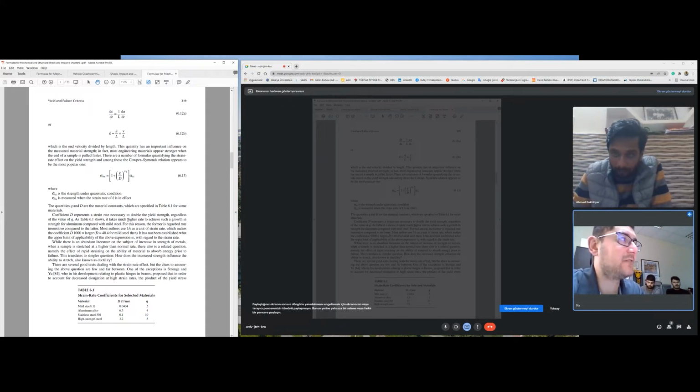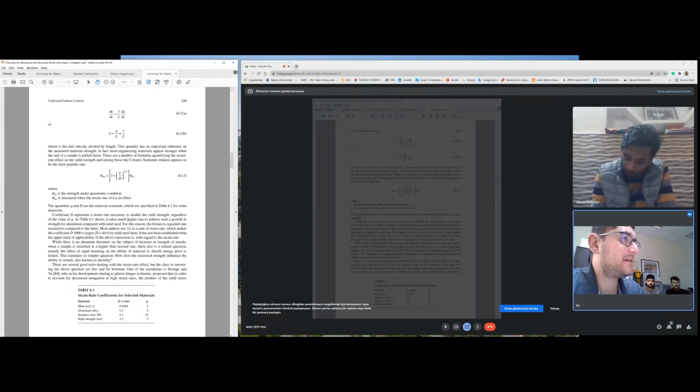For half an hour, you should talk step by step. For example, for the initial one, we should talk about the Cowper-Symonds and Johnson-Cook. What the effects of these parameters can be for every single segment that you have put the figures on. You can talk about it.